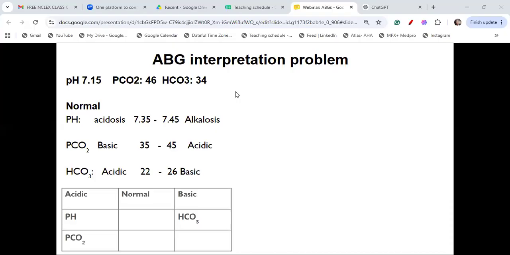But before we get to compensation, we have to interpret the basic ABG itself. So as usual, you write your pH, that it helps you when it comes to matching. I will not get tired of writing this, and I hope you don't get tired also from your end of doing this. So this is alkalosis.